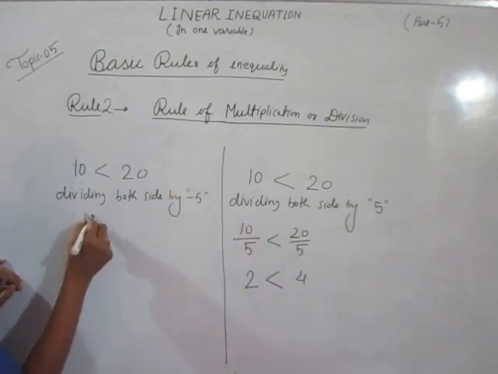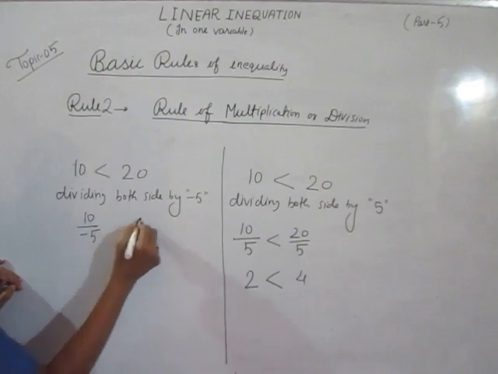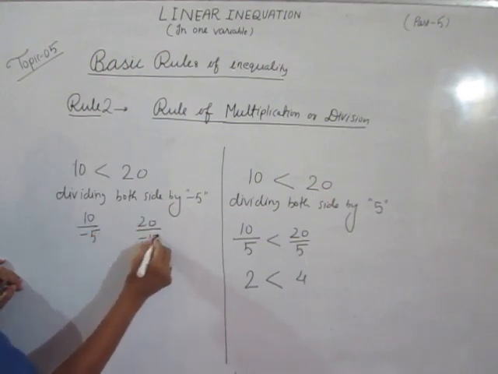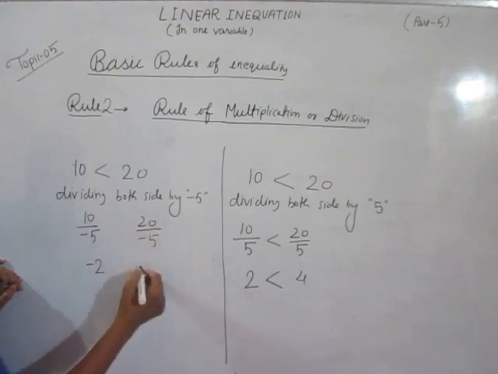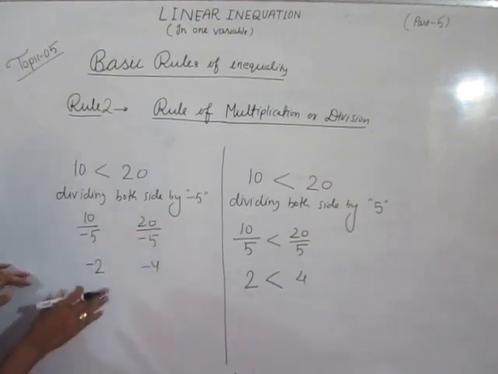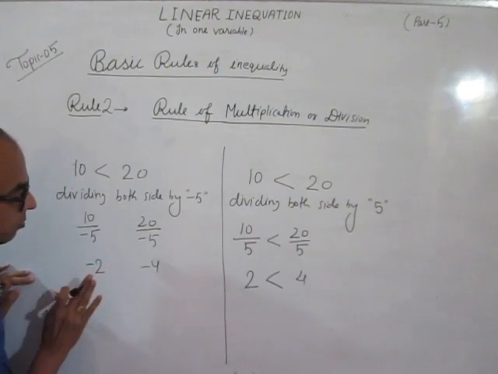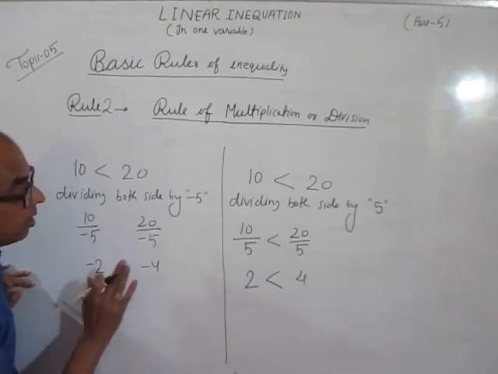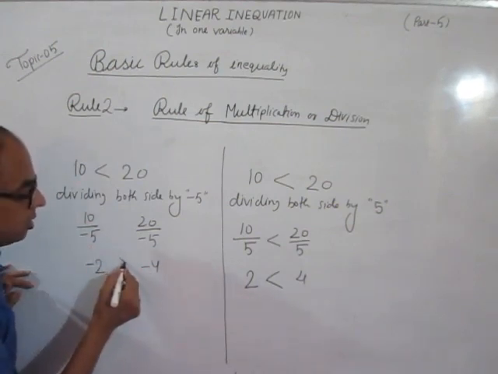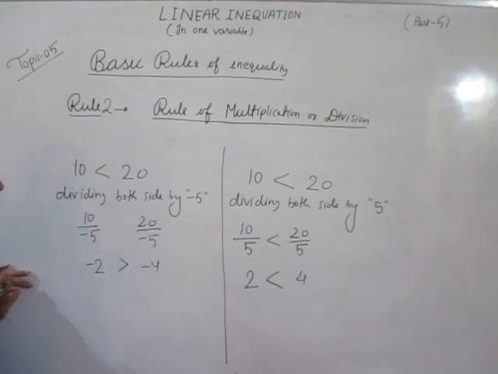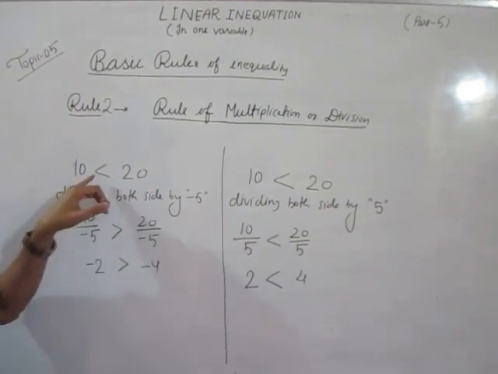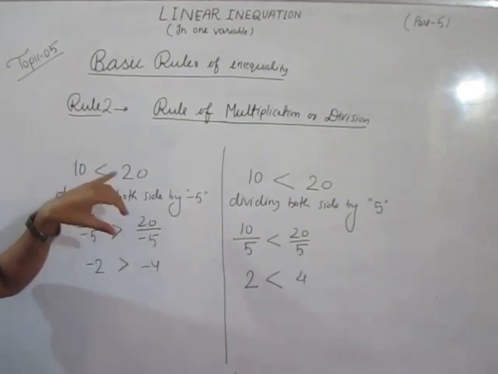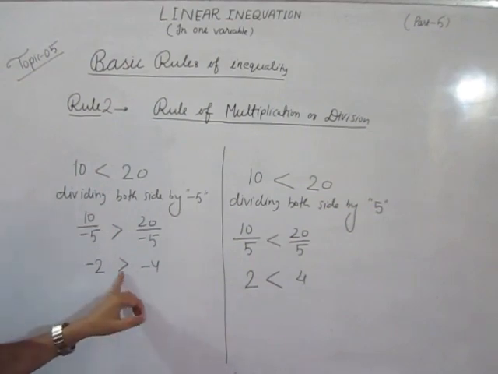So it will be 10 divided by minus 5, 20 divided by minus 5, and its value will be minus 2, its value will be minus 4. And what about the inequality here? So of course minus 2 will be greater than minus 4. So what happened with the inequality? The inequality less than reverses. It becomes greater than.